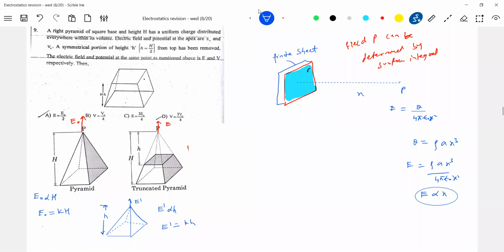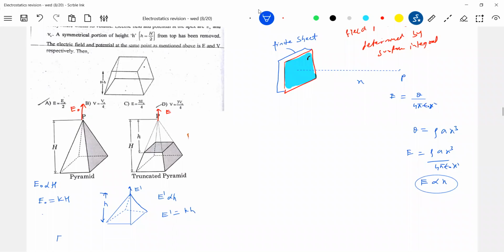So what is the total E? The net field is E naught minus E dash. So E dash is equal to E naught minus KH. What is K? E naught by H.